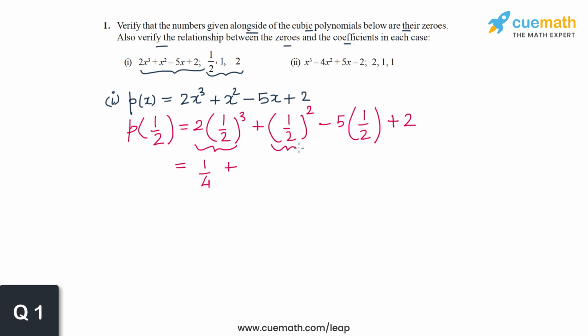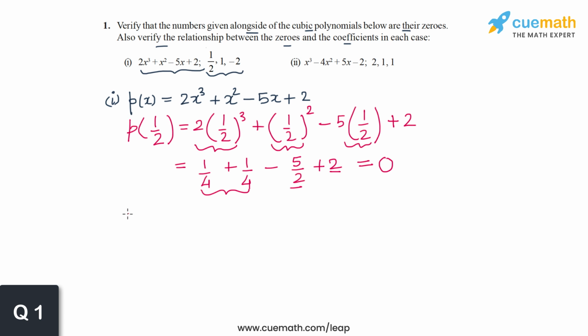Then half square is 1 by 4 again. Then we have minus 5 times half, so minus 5 by 2, and then we have plus 2. So 1 by 4 plus 1 by 4 is half, half minus 5 by 2 is minus 2, and minus 2 plus 2 is 0. So p of half is 0, which means that half is a 0 of p(x).